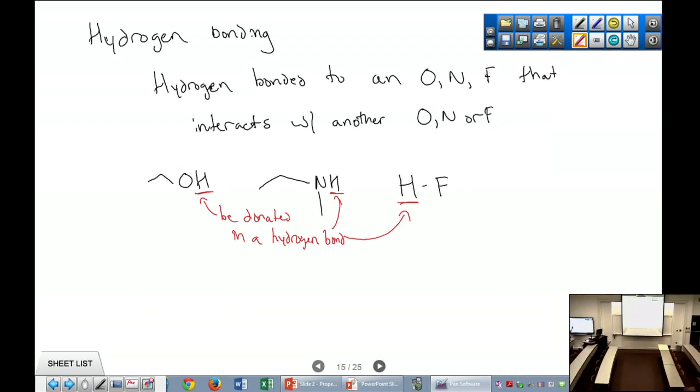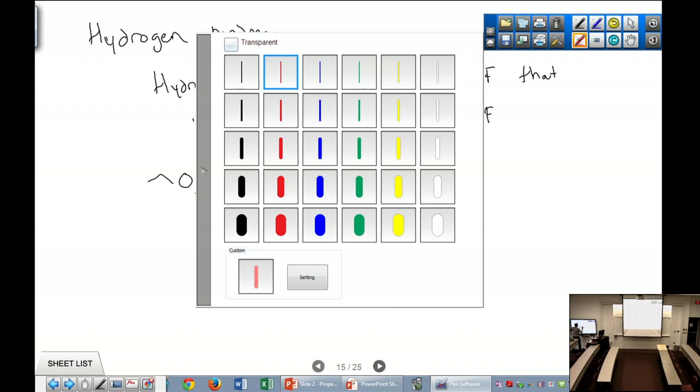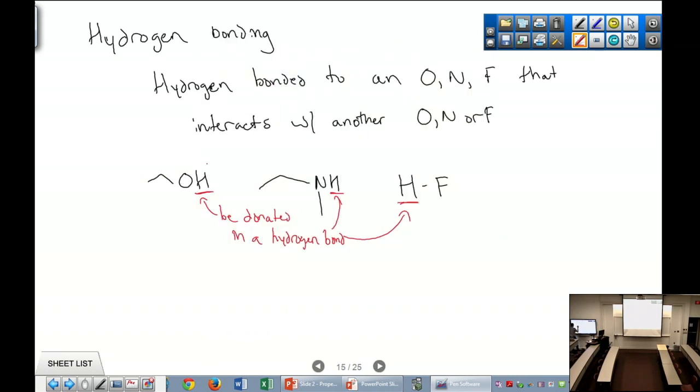So this hydrogen here, this hydrogen here, this hydrogen here, can make a weak bond with another oxygen, nitrogen, or fluorine. So you get something that looks like this, where this hydrogen interacts with that oxygen and this hydrogen interacts with this one. So our blue bond here is our H bond.